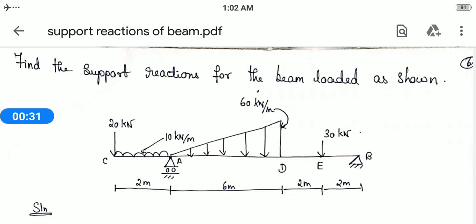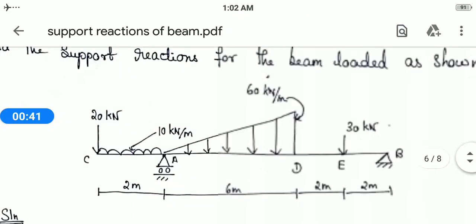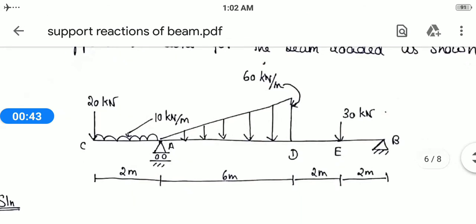In this question they have asked us to find the support reactions, but they have not given how many support reactions are there. Actually, by seeing the condition itself you can come to know how many reactions will be acting in this problem. If not, I'll define it now.